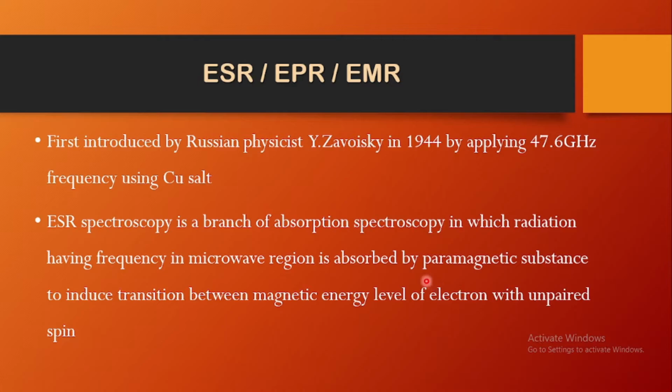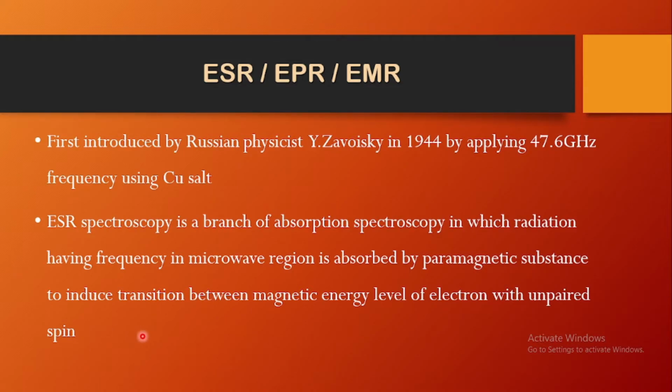This phenomenon is observed in paramagnetic substances only, due to which it is also called EPR, that is electron paramagnetic resonance. Also, since absorption has to take place, there should be a transition between magnetic energy levels of the electron with the unpaired spin.